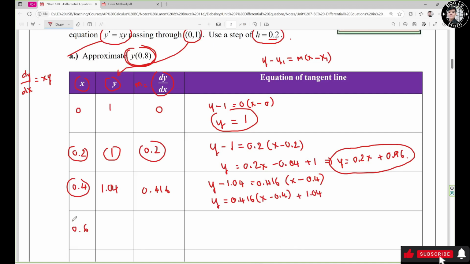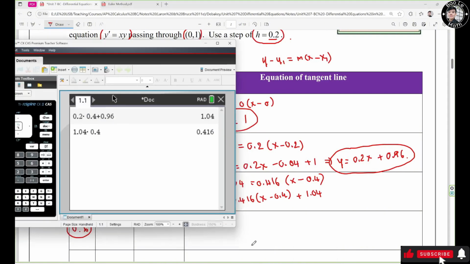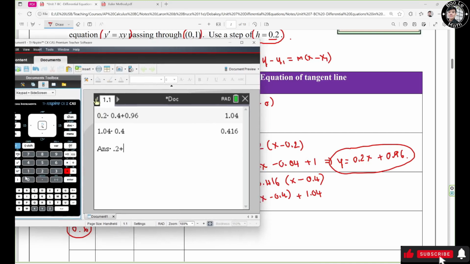So I'm going to substitute 0.6 for x into this equation to solve for y. I'm going to bring up the calculator. So I have 0.416, multiply by 0.6 minus 0.4, which means 0.2, and then I'm going to add 1.04 and hit enter.